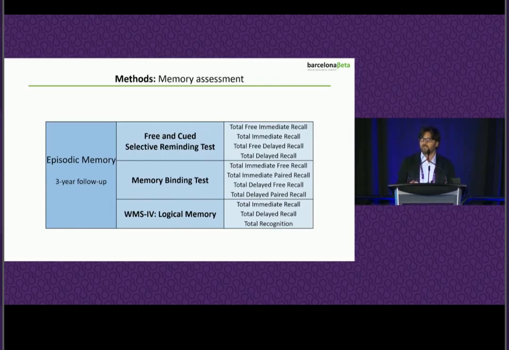So we computed a discrepancy score between objective measures and subjective reports to capture this metamemory or awareness feature. For memory assessment, we used the Free and Cued Selective Reminding Test, Memory Binding Test, and Logical Memory with a total of 11 variables.